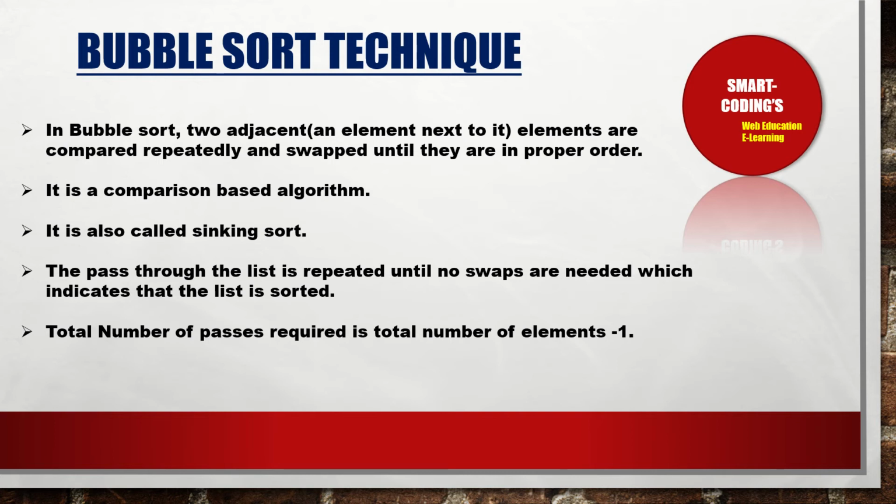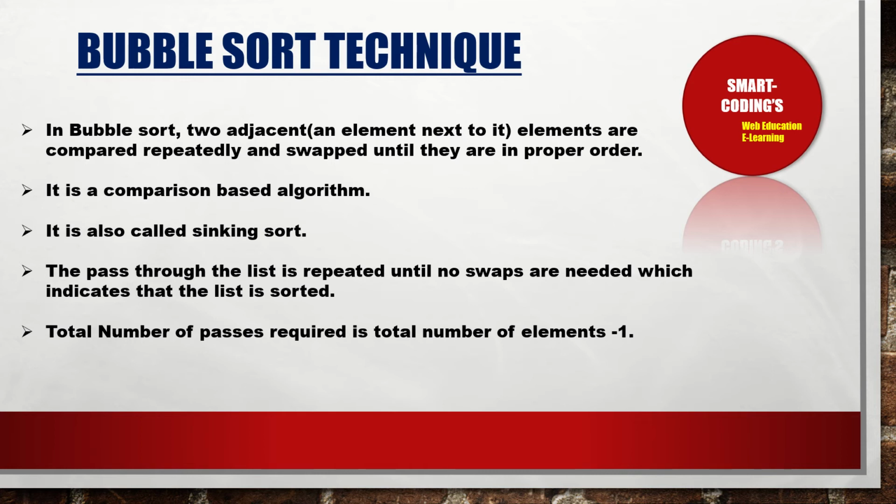Because comparison is done, it is called a comparison based algorithm. The algorithm of bubble sort works on comparison. Another name of bubble sort is sinking sort, keep that in mind. The pass through the list is repeated until no swaps are needed, which indicates that the list is sorted. That means the entire array list is passed through a number of passes.